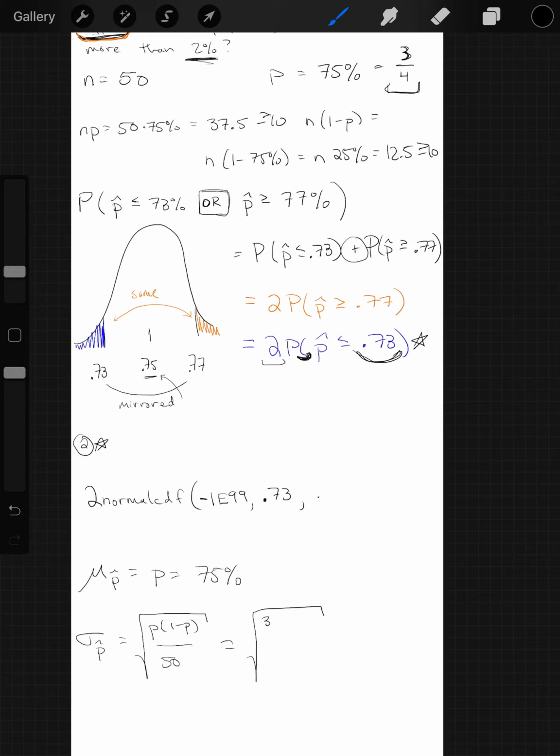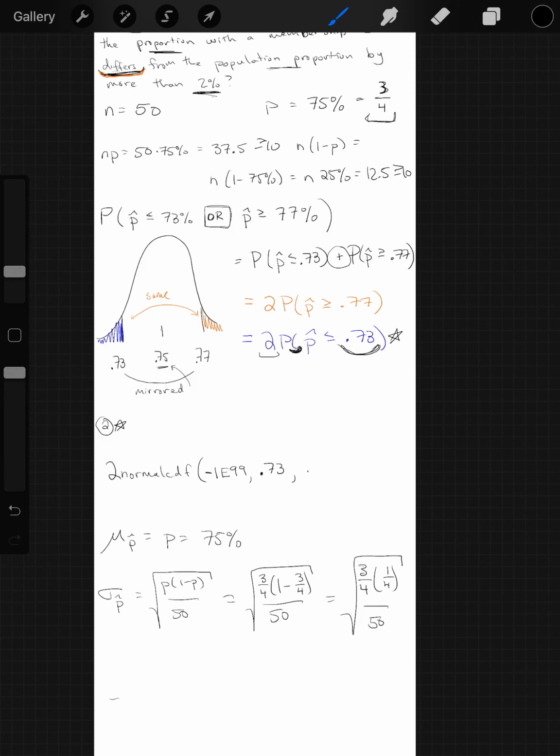So that means it's going to be the square root of 3/4 times 1 minus 3/4 all over 50, which is the square root of 3/4 times 1/4 all over 50, which is 3/16 over 50. And like we did before, we can just multiply them. I'm keeping that separate though, because then we can pull out that 16 and simplify it.